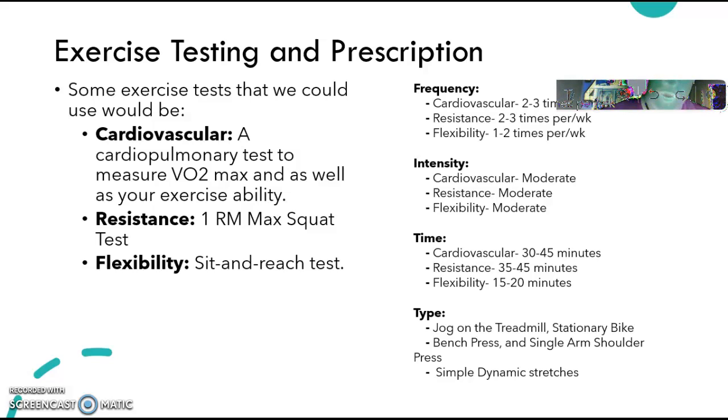And basically for the exercises, for cardiovascular, basic jogging on the treadmill and using the stationary bike. For resistance, probably single arm shoulder presses by alternating arms, and just simple bench press. And for flexibility, dynamic warm ups, dynamic stretches, things like that, just to keep the body at ease.